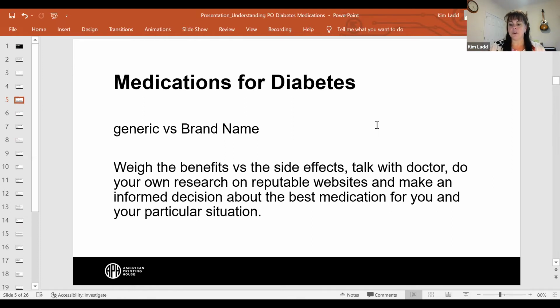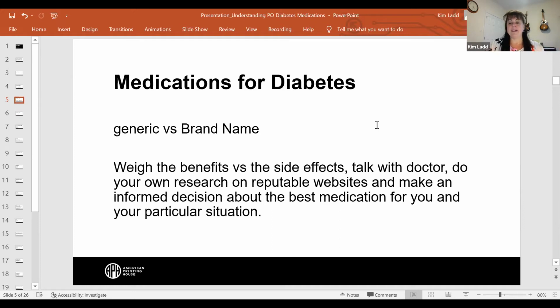If you get started on a medication for your diabetes and you have some of the side effects that we're going to talk about, that's when you need to have a discussion with your doctor and your healthcare team to determine, are there ways I can help prevent the side effects?